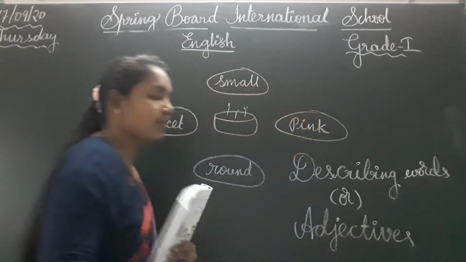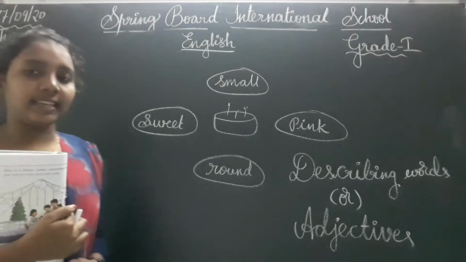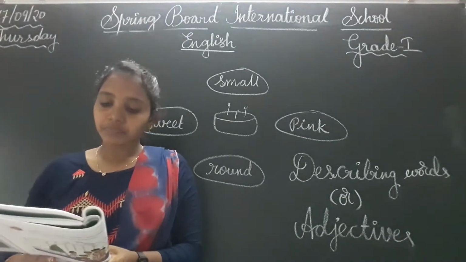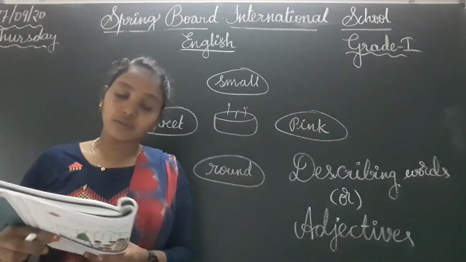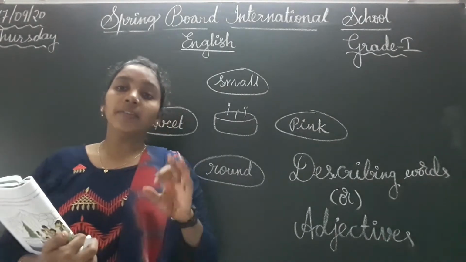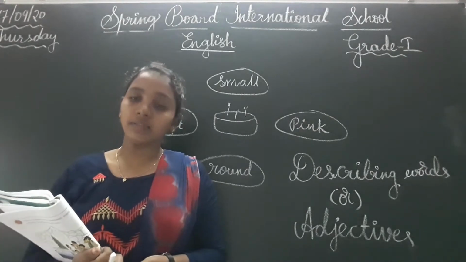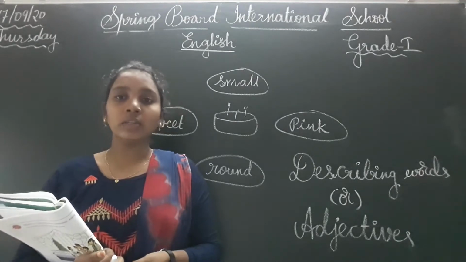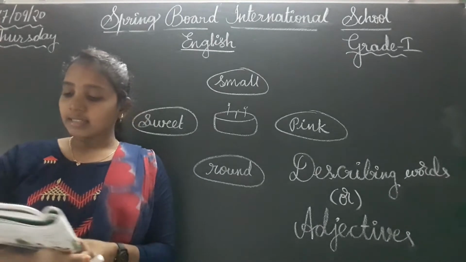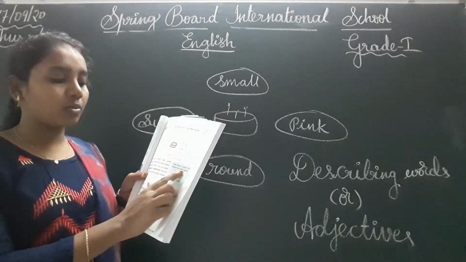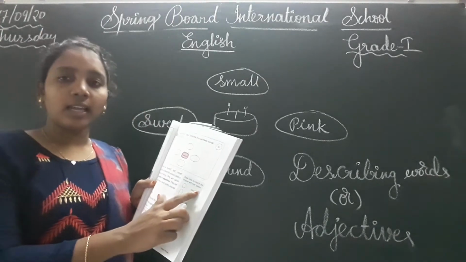It can be called what, children? Adjectives. Now see, they tell us more about how a noun looks, sounds or feels. Yes or no? If you are describing a noun, it will tell us how the noun looks, or sounds, or how it feels. See here, draw lines to match the shapes with their names.